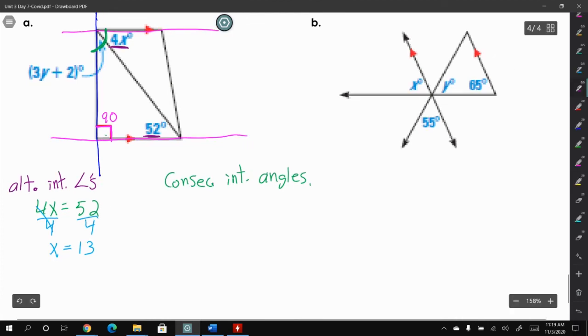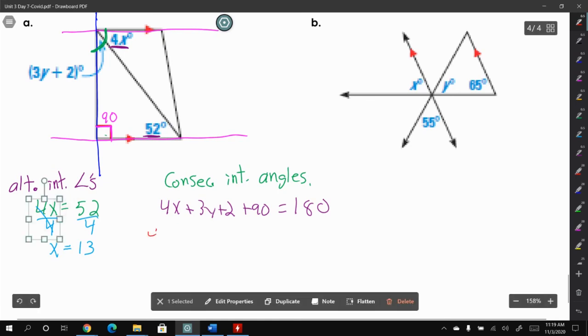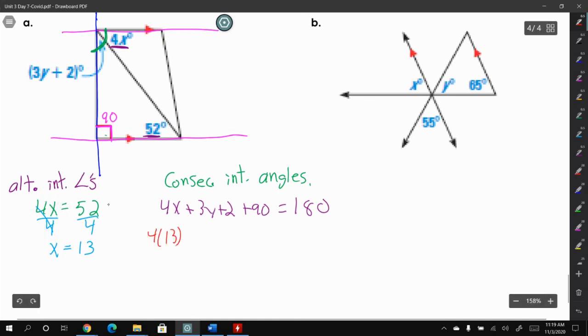So then we will have 4x plus 3y plus 2 plus 90 equals 180. We know x is 13, so 4 times 13 plus 3y plus 92, because 2 plus 90 is 92, equals 180. 4 times 13 is 52, plus 3y plus 92 equals 180.